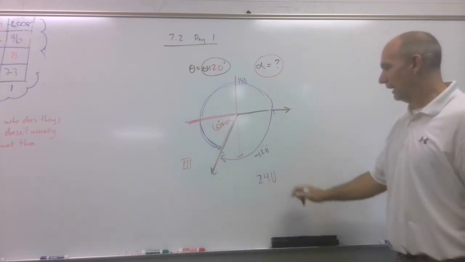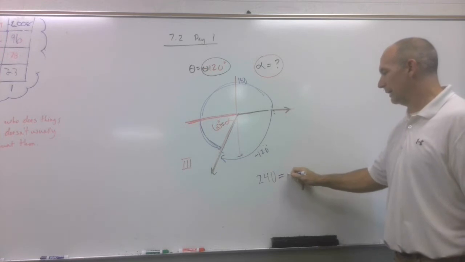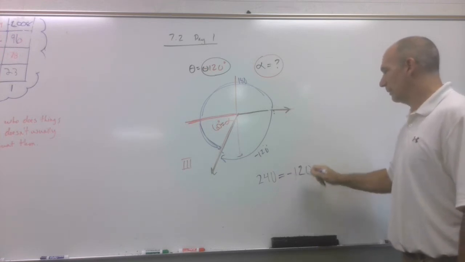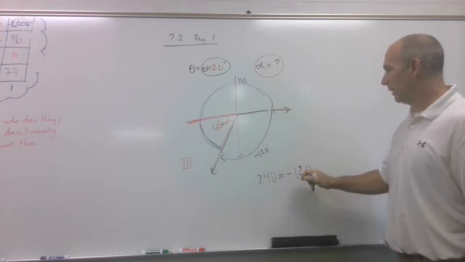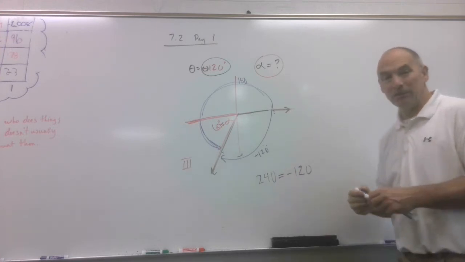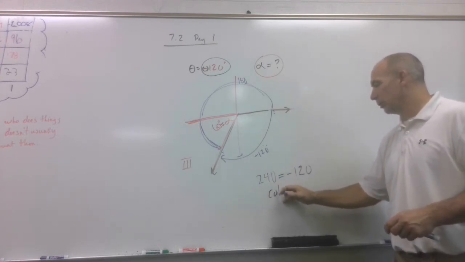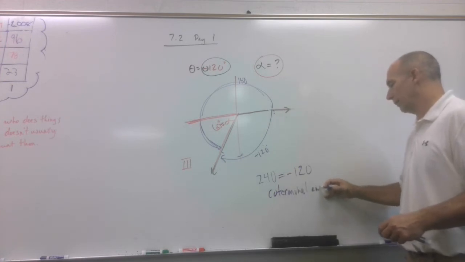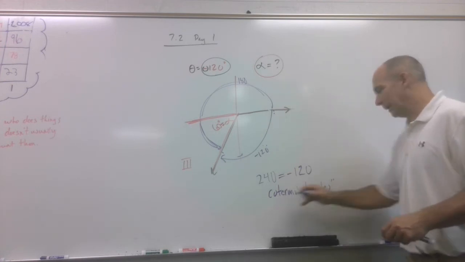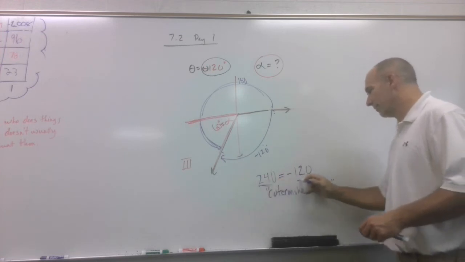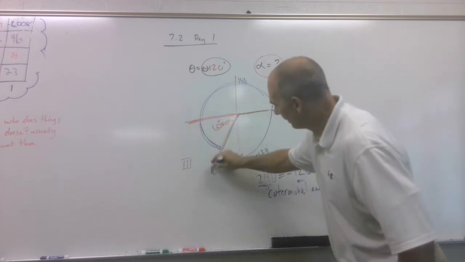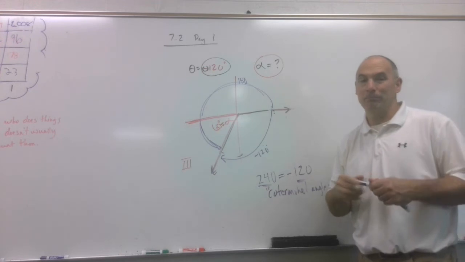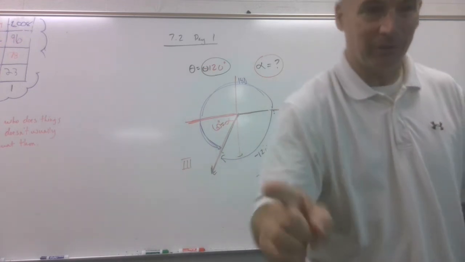So what I'm saying is 240 is equal to negative 120. So these are called coterminal angles. It means they're different spins, but they end up in the same exact spot. More on that coming soon.